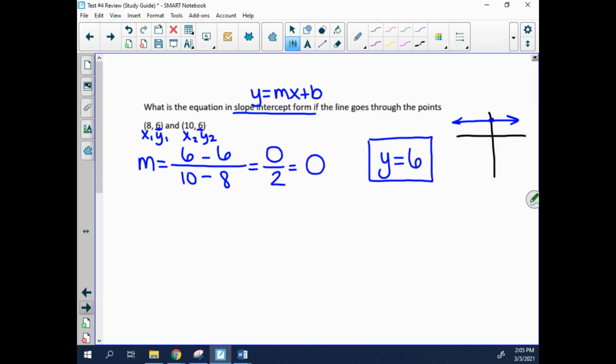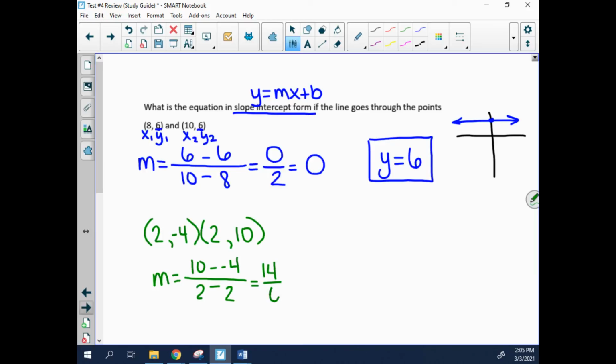If the problem had points like (2, negative 4) and (2, 10), then when we found our slope, we'd end up with a 0 on the bottom. A 0 on the bottom would mean that we have a slope of undefined. So this would end up being 14 over 0, which means it's undefined.